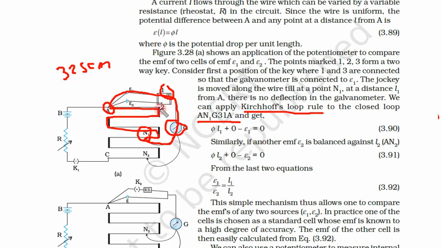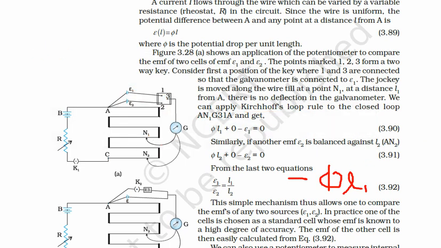So what do we say? We say this minus phi L1, where the resistance is simply phi into L1. This will give you the potential. Previously what you were doing?